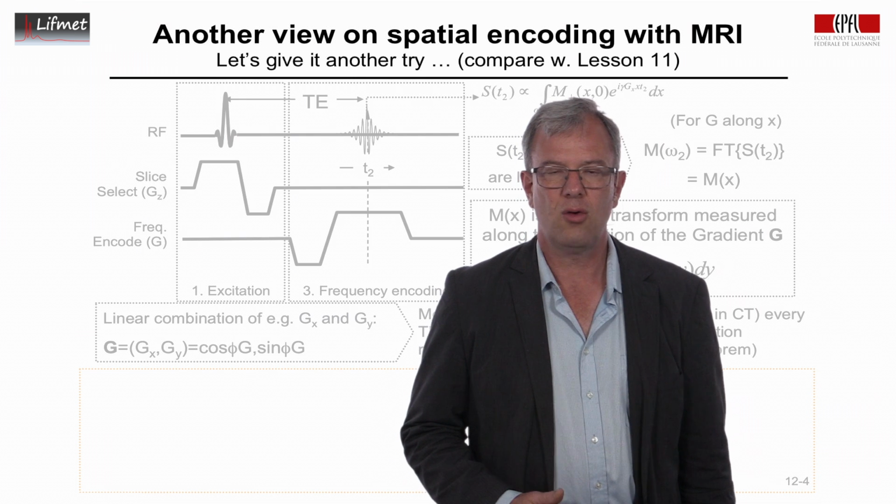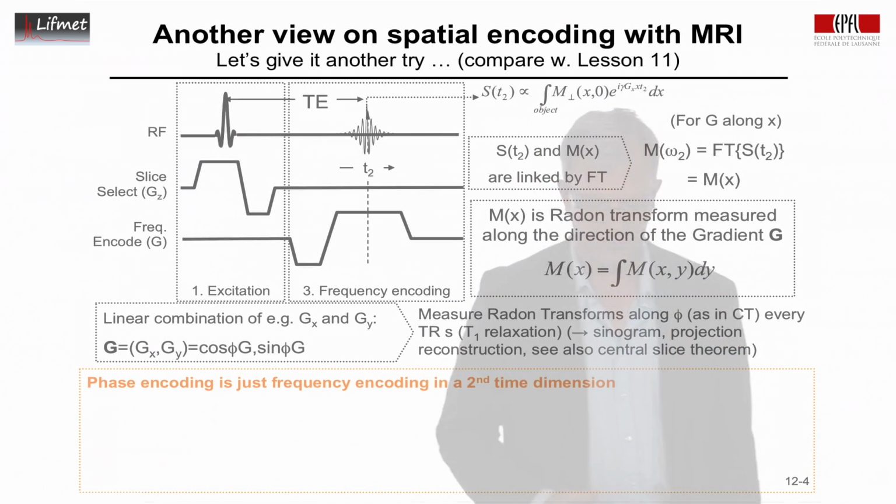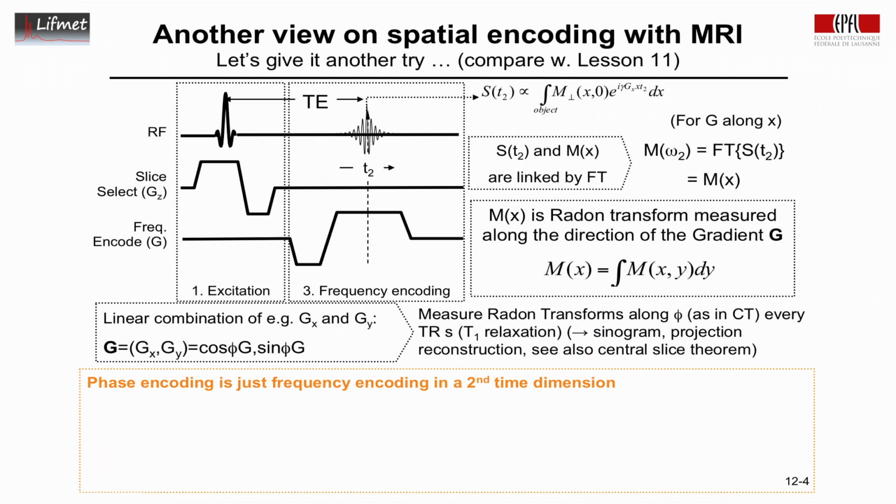Now the argument I want to make here is that phase encoding is essentially just frequency encoding in a second time dimension. So we'll just put in here a phase encode gradient. We're looking here at this time period. It's the third dimension. And now we'll look at the y gradient. Last week we talked about the phase encode gradient having a certain amplitude and a certain duration tau.